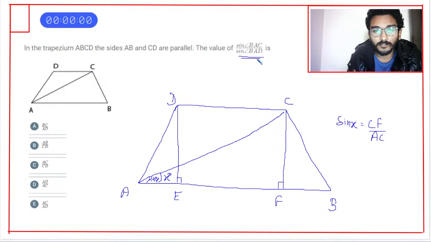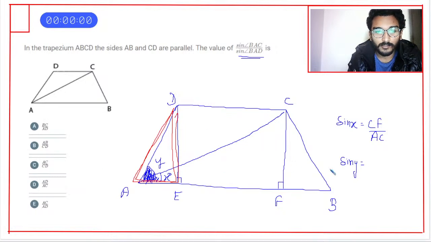अब मुझे दूसरा एंगल है साइन ऑफ एंगल BAD, तो BAD हो जाएगा मेरे लिए बड़ा वाला एंगल. तो बड़ा वाला एंगल कितना हो गया मेरे लिए? y मान लेते हैं. तो साइन y कितना हो गया? अब साइन y जब मैं निकालूंगा तो मैं इसी ट्रायंगल से निकालूंगा ना, दिस ट्रायंगल, इसी में तो साइन y निकलेगा, इन दिस छोटू ट्रायंगल. कितना हो जाएगा वो?